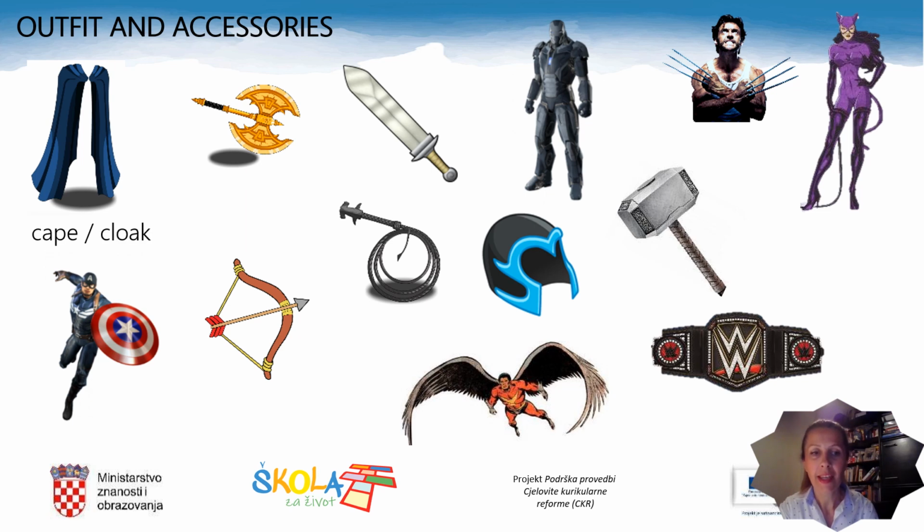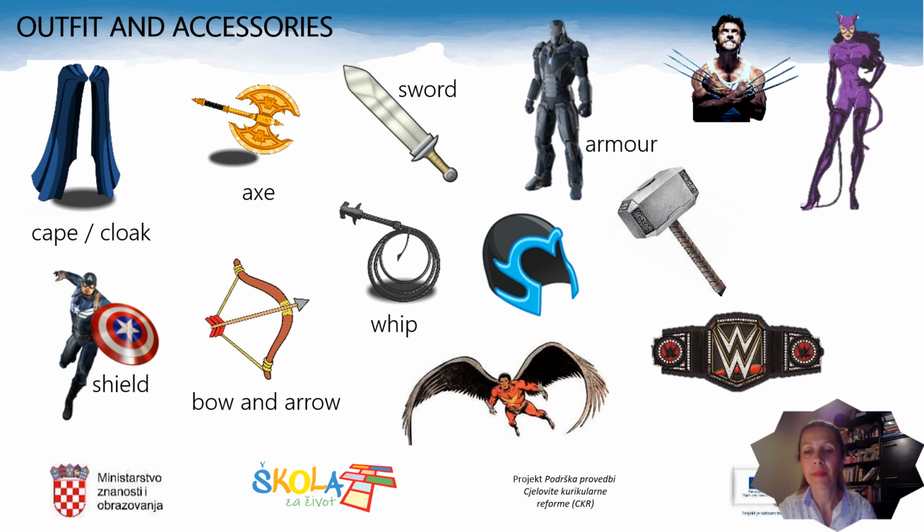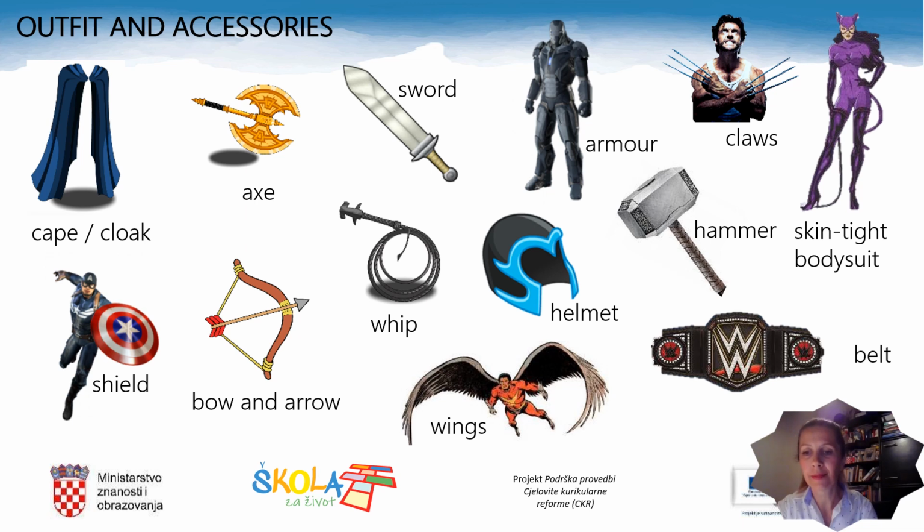The first one is a cape or a cloak, a shield, an axe, bow and arrow, a sword, a whip, armor, helmet, wings, claws, hammer, skin-tight bodysuit, and a belt.